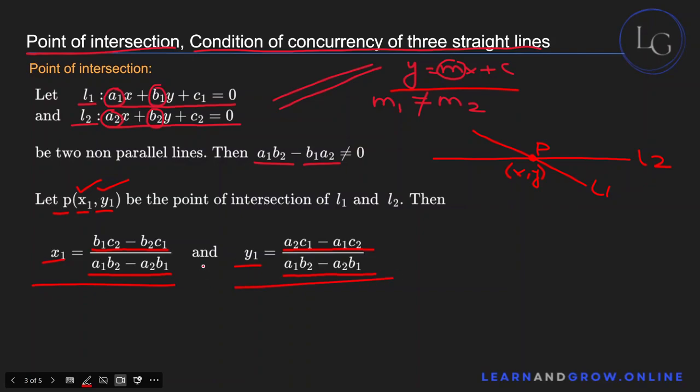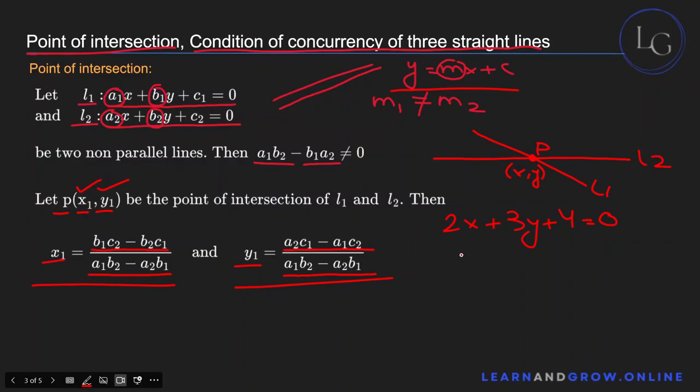Okay, and just to make it very clear to you how you can use the y is equal to mx plus c form, for example, let's say that you have this equation 2x plus 3y plus 4 is equal to 0, and you have another line.